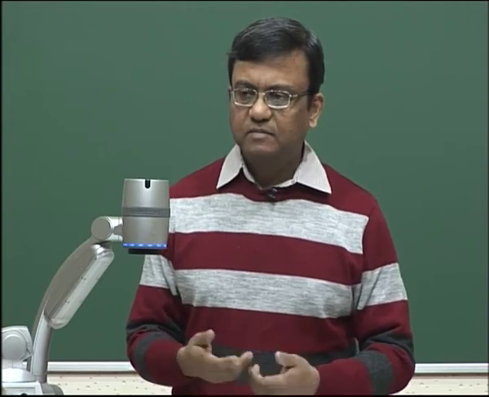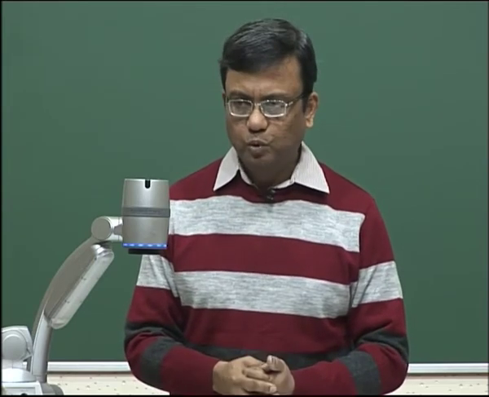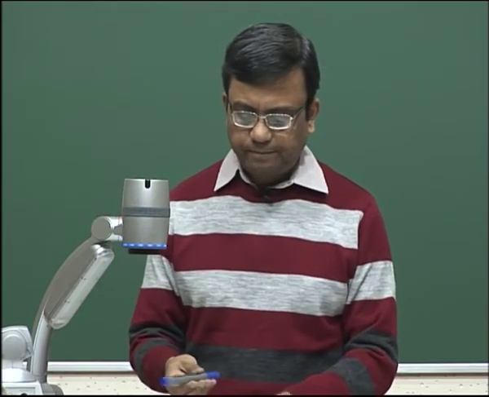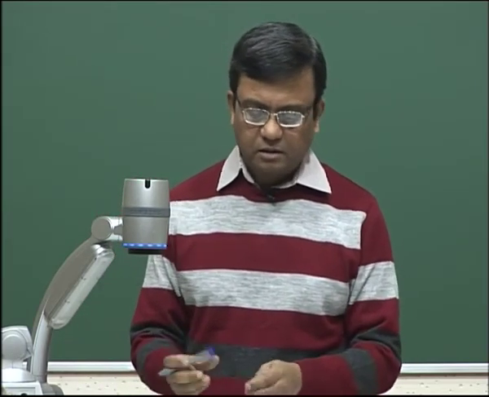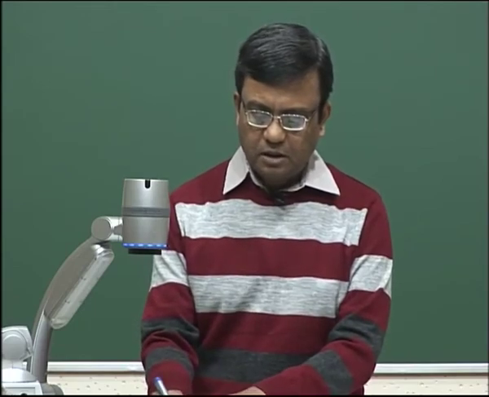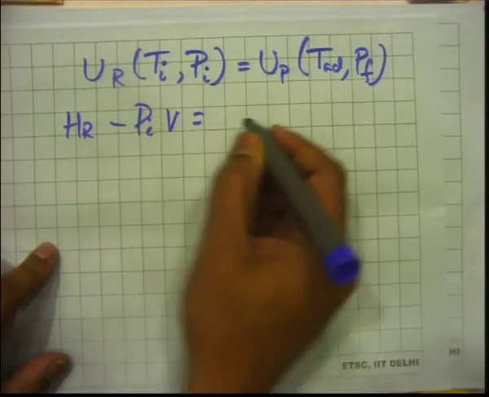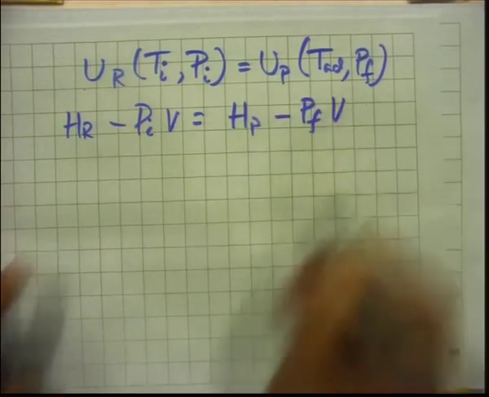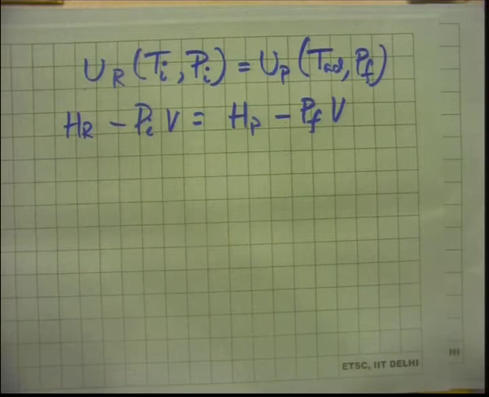So everything is in terms of H, not in terms of U. So we have to bring in H in this. So we will write HR minus PIV equal to HP minus PF into V. We are doing this only because our data are in terms of H.